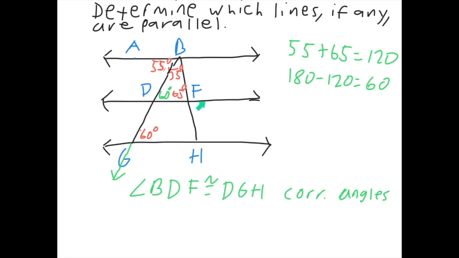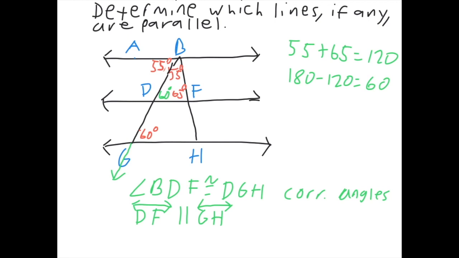So this line right here, line DF, is parallel to this line right here. Remember, two vertical lines to say that they're parallel: DF is parallel to line GH. So we know that those two are parallel.